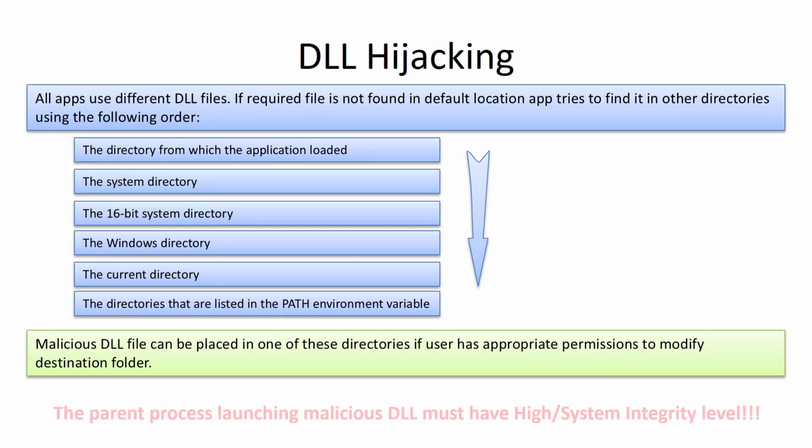An attacker can place a specially crafted DLL file in one of these folders. If the process which launched the attacker's file is running with high privileges, the child process will inherit the same privileges. It is also important that the current user account must have appropriate permissions to modify files in one of the listed folders, because we need to place the malicious DLL file. So this is the basic idea of privilege escalation with DLL hijacking.